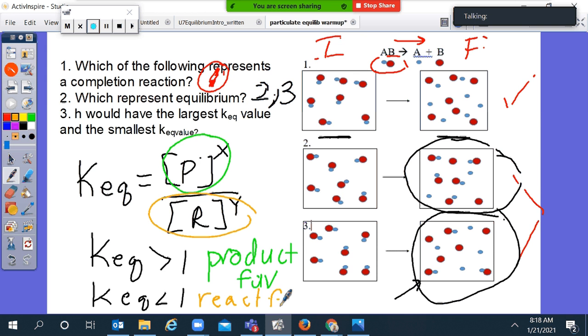And that would be number 2. I'm sorry, I'm looking at the wrong one. I keep thinking AB is my product, so let me correct myself. AB is my reactant. Number 2 has more reactant than product, so that would have the smallest equilibrium value.